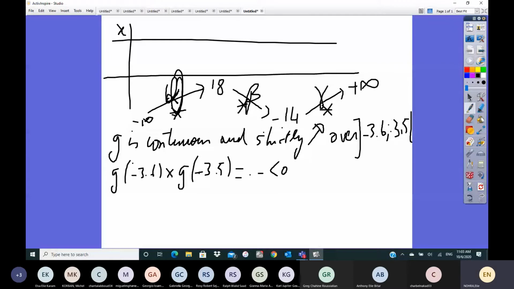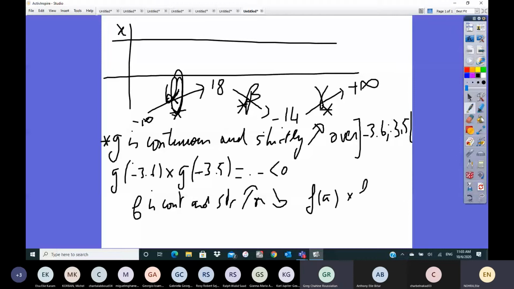If you remember once we talked about this intermediate value theorem, we say that F is continuous and strictly increasing or decreasing, F of A times F of B should be negative.